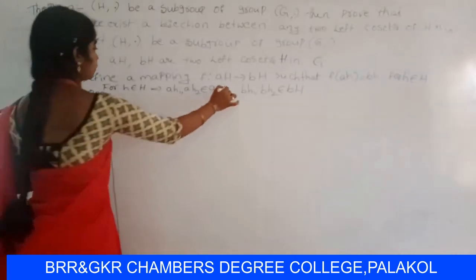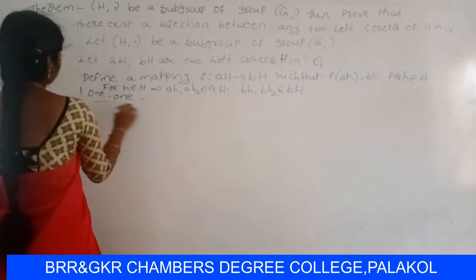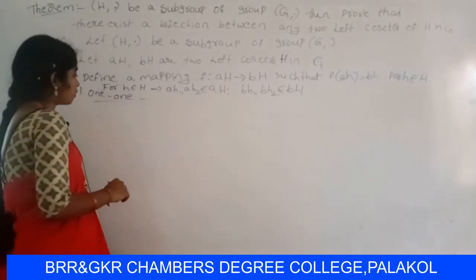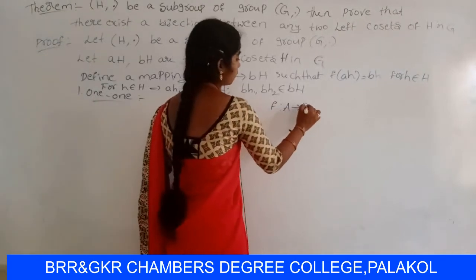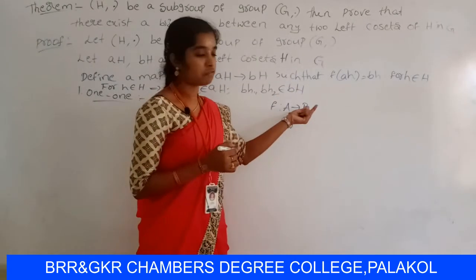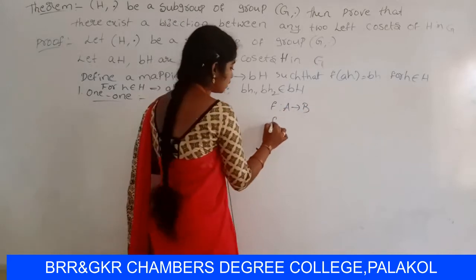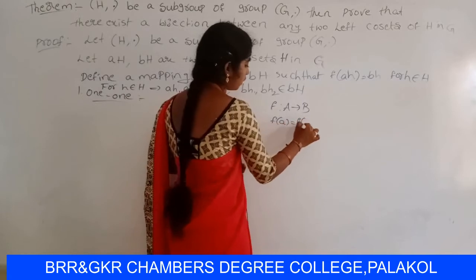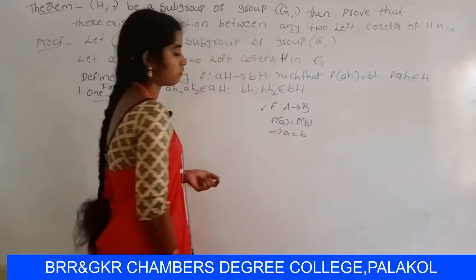First we have to prove one-one function. In general, f maps A to B, so different elements in A have different images in B. That is, f of a equal to f of b means a equals b. This is the one-one function.